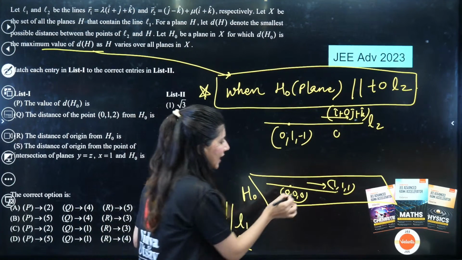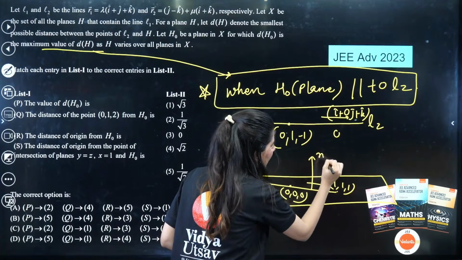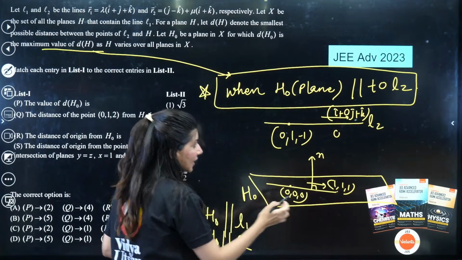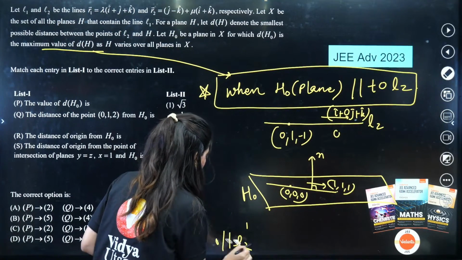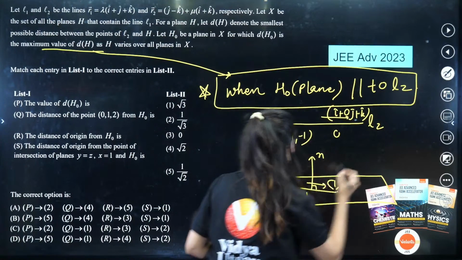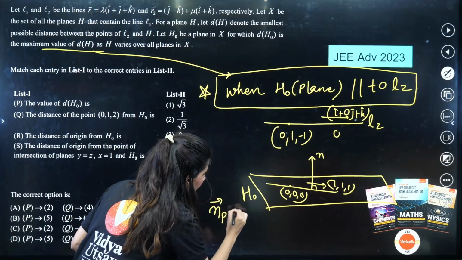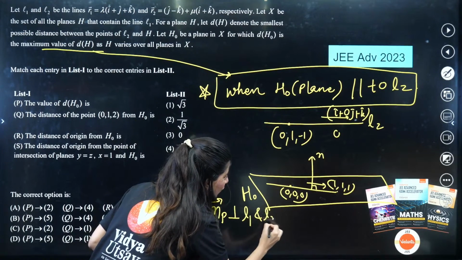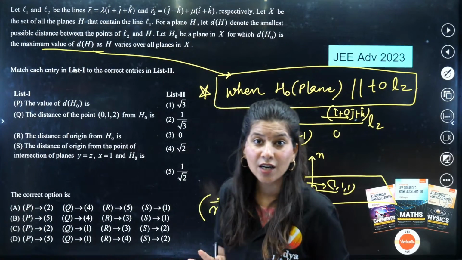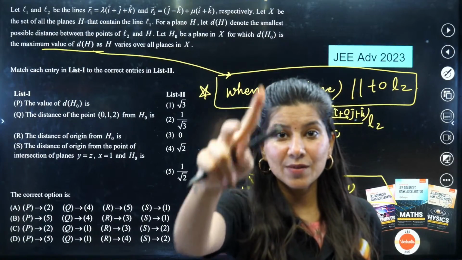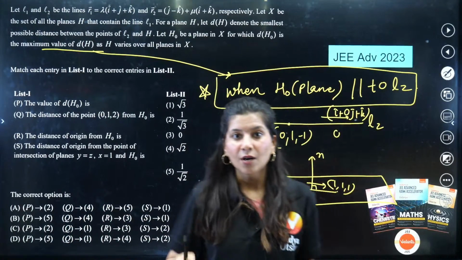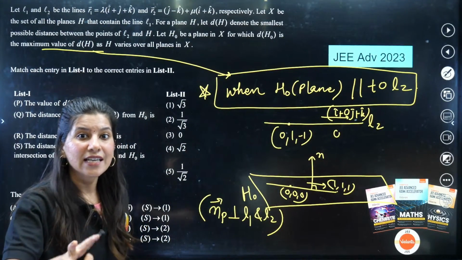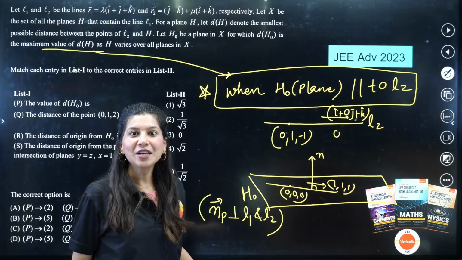Or in other words, I can say that the normal vector of my plane is perpendicular to line 1 and line 2 both. Any vector perpendicular to two given vectors, please, this statement is extremely crucial, critical. Any vector perpendicular to two given vectors is given by the cross product between the two of them, right?